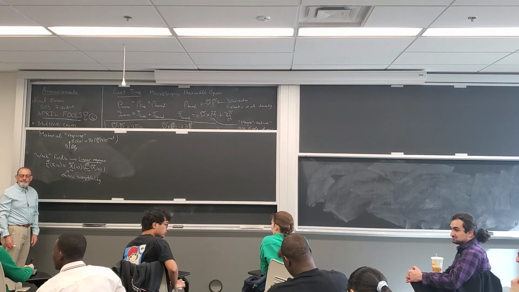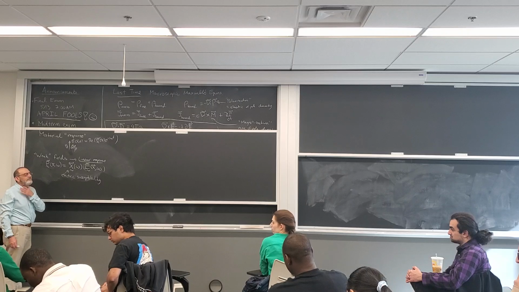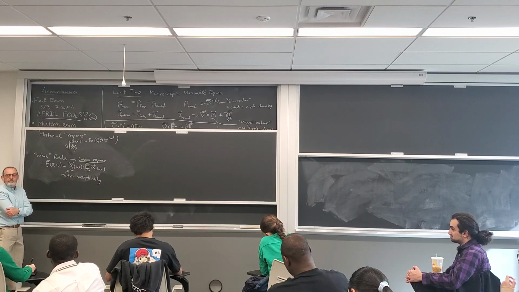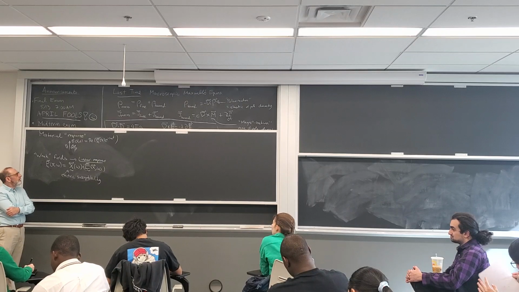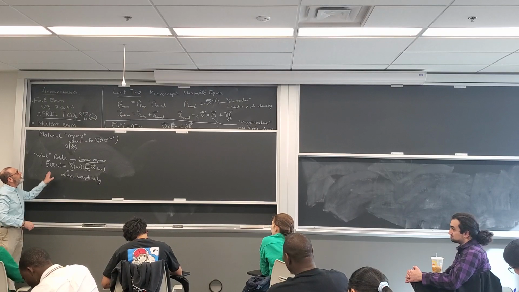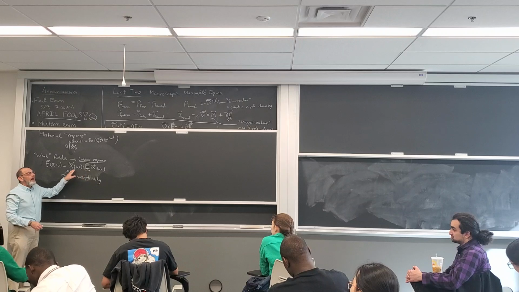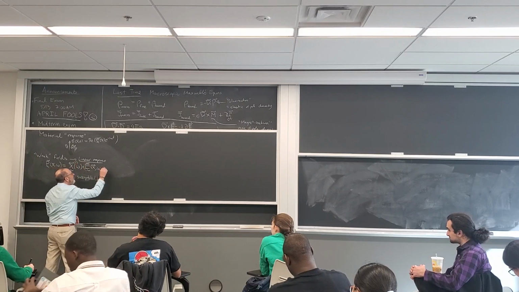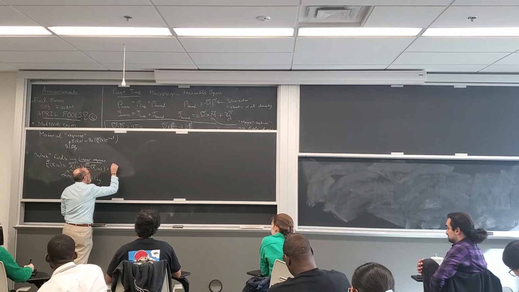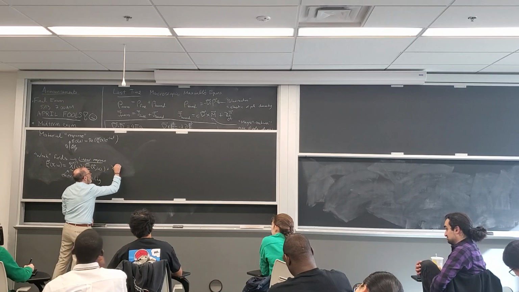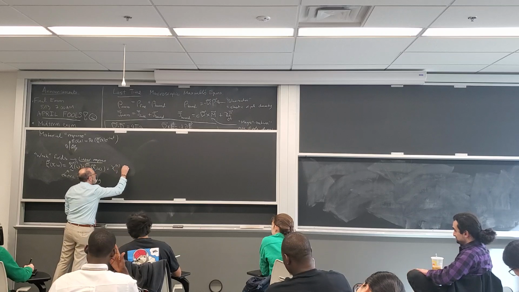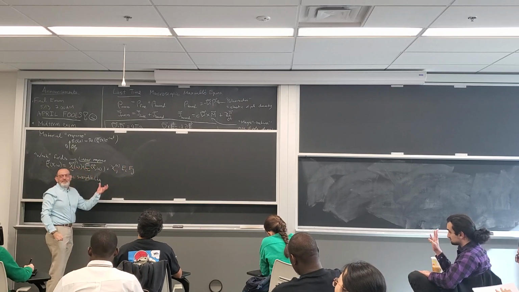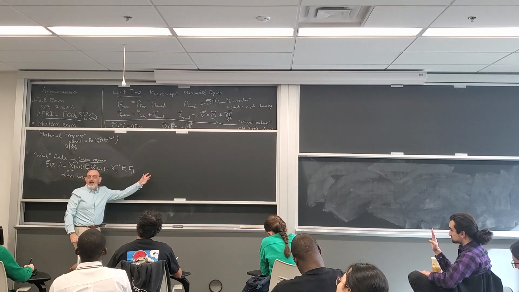Does chi include all responses, linear and nonlinear? No, by definition this is the linear response. Otherwise I could call this chi1 and have a chi2 with two indices, and then a chi3 and chi4.